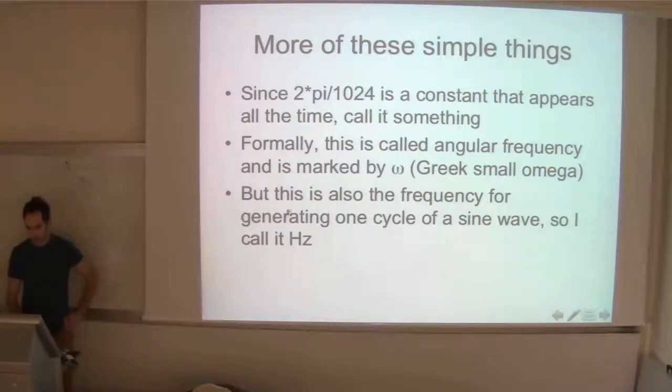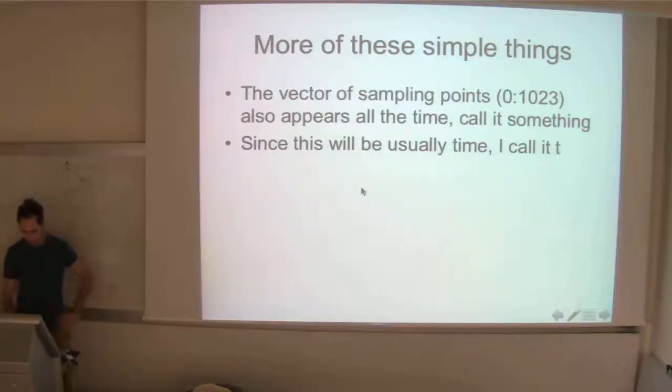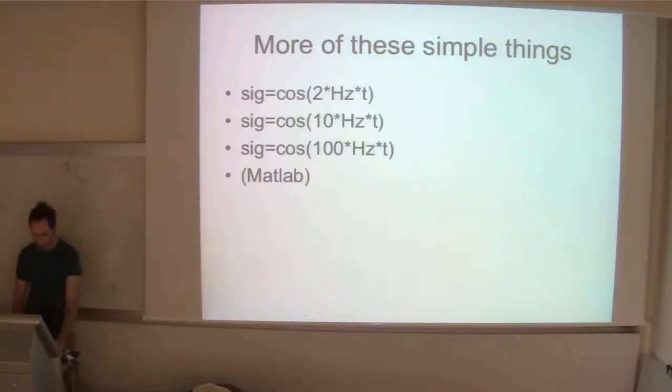But this is also the frequency for generating 1 cycle, so we call it 1 hertz. The vector of sampling points also appears at all times, so we call it something. Usually we call it time because it represents time.